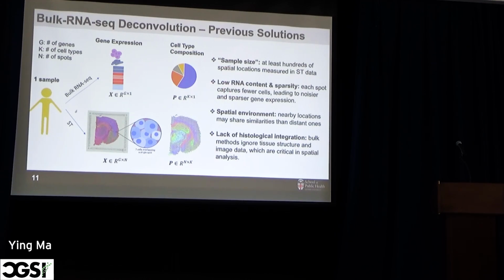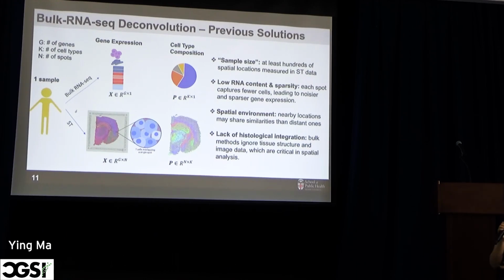Also, compared to bulk, spatial transcriptomics has low RNA content and high sparsity. Each location captures fewer cells, leading to noisier and sparser gene expression. There is also the spatial environment: nearby locations might share more similar cell type compositions than distant ones. And previous methods typically lacked histological integration of molecular morphology.